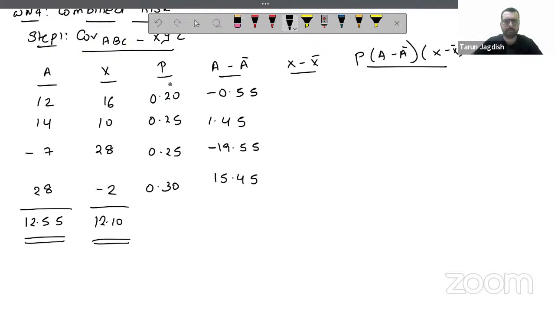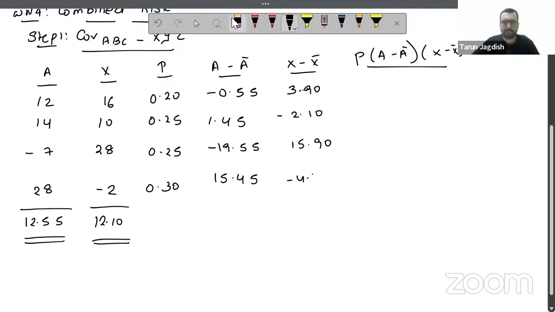Correct, I have taken the right numbers. X minus X bar will be 16 minus 12.10, that is 3.9, then you will take 10, that is minus 2.1, plus 15.9, minus 14.1, correct?